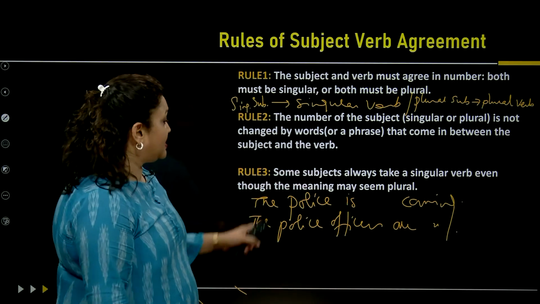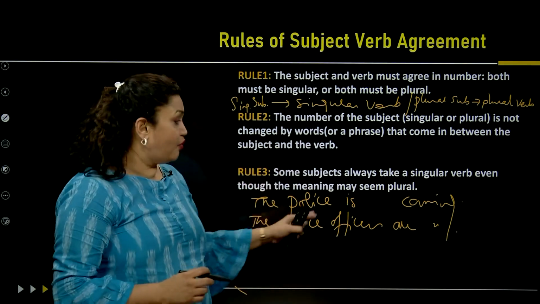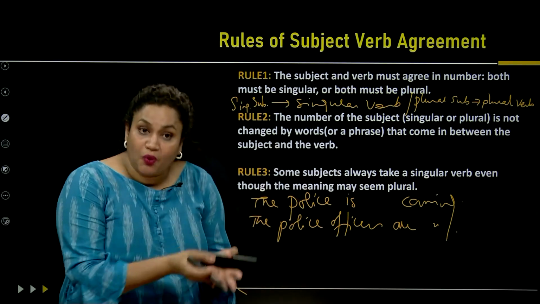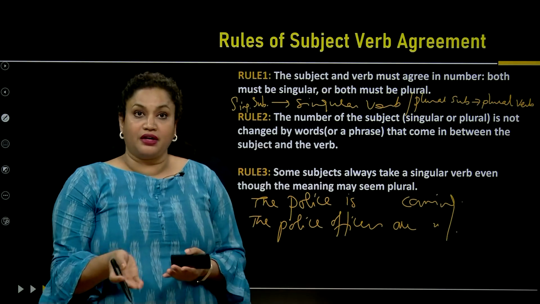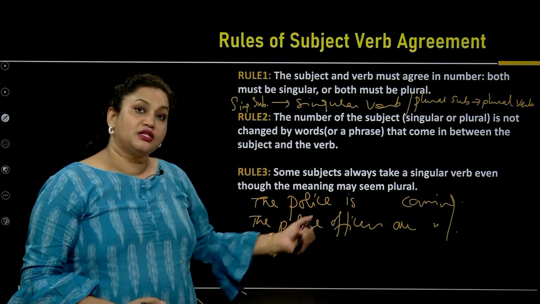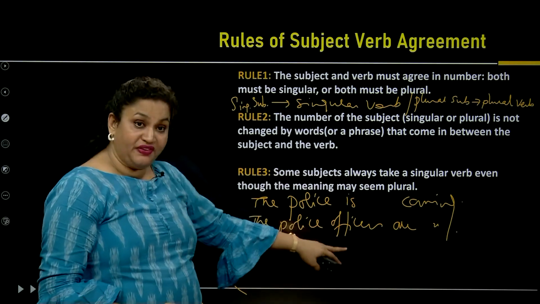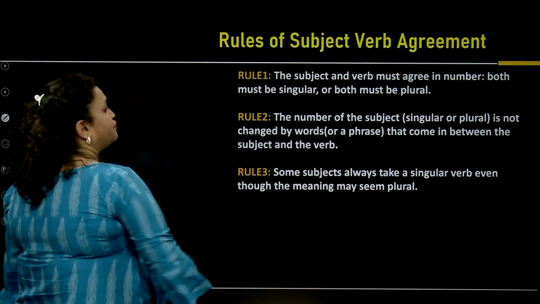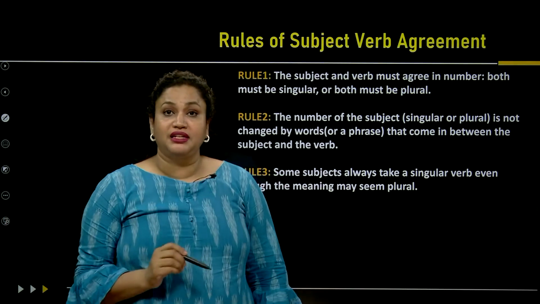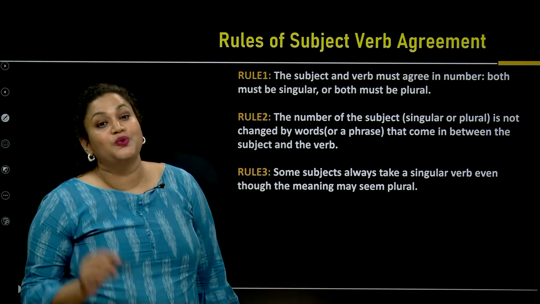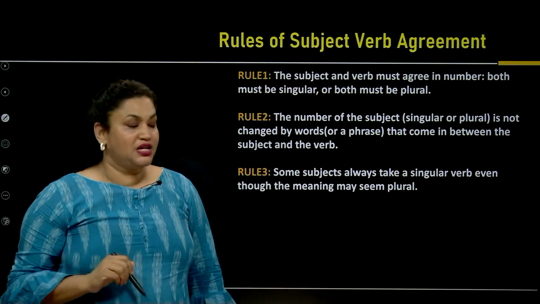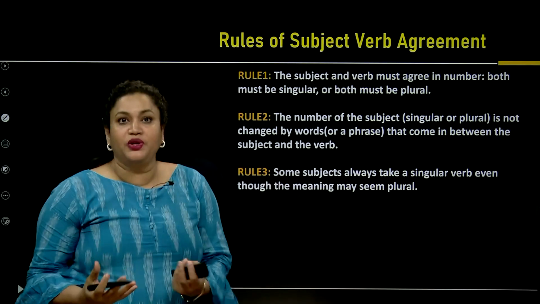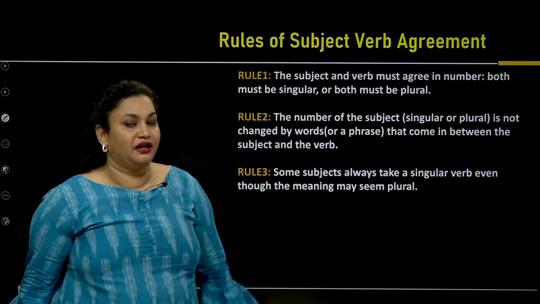Okay, so you have to understand: the police is coming and the police officers are coming. In police, there could be one police officer or there could be 100, but we definitely use is. Only when we are saying officers do we use are. In the first format also, it is possible that a few officers are coming, but we still use is, because police is an uncountable noun. It is plural in form, but it uses singular verbs.